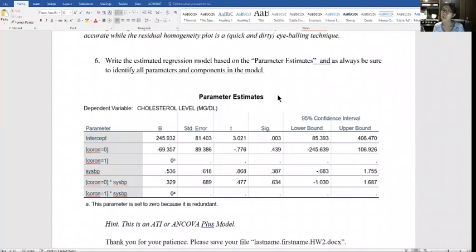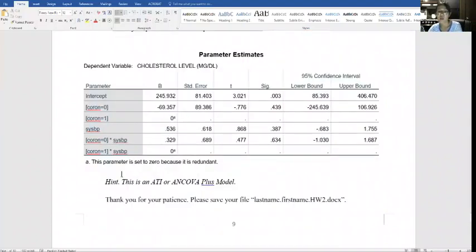Write down the estimated regression model and identify all parameters and components in the model in the midterm exam. Do you remember that? Yeah, this is the same one. So what did you do here? Since this is an estimated equation, what do you do? Y hat, right? What is Y hat here? Cholesterol.